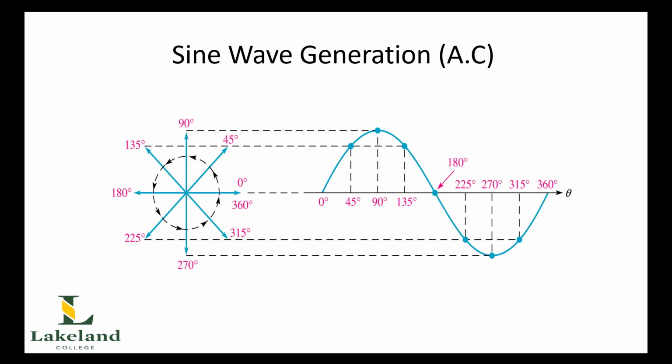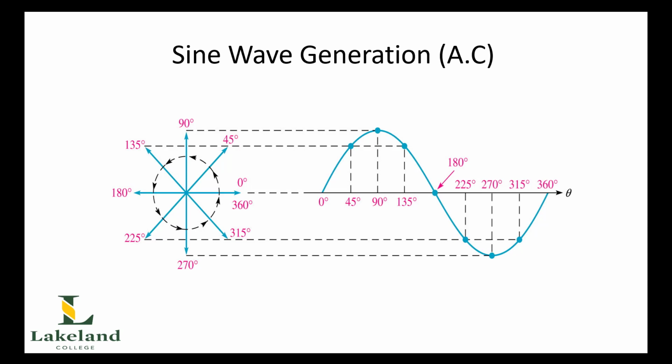The easiest way to see this, or imagine this, is if our loop of wire is rotating anti-clockwise within our magnetic field, and we step the rotation of the loop of wire through a complete rotation of 360 degrees, and then we simply take the sine of those angles as we rotate around.